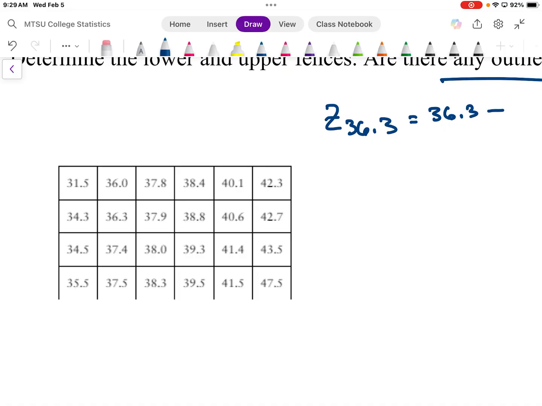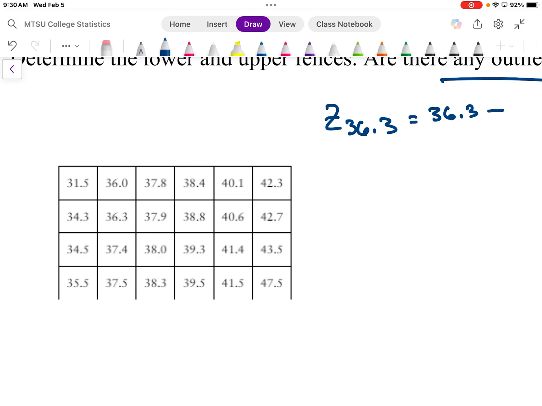Again, I'm going to do this on a hand calculator just because I can type faster there and don't have to worry about junk. All right, I did that.